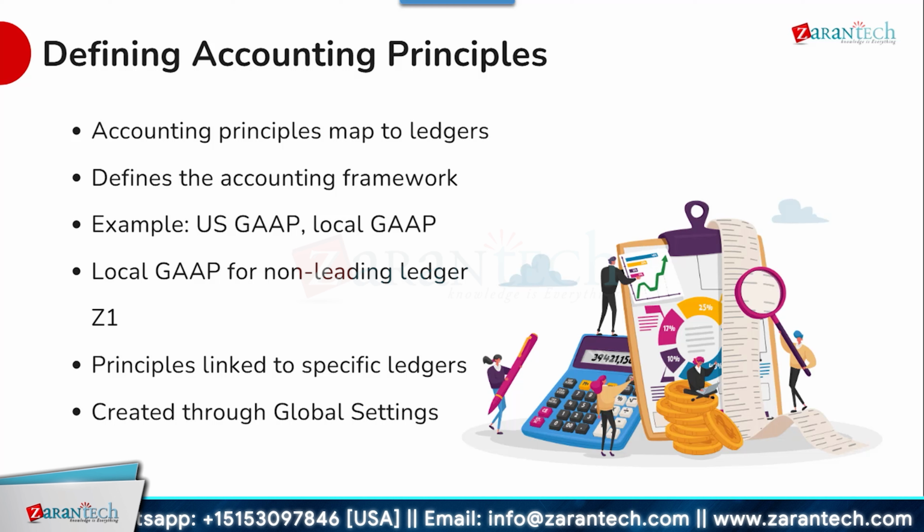For instance, in the United States, we have the Generally Accepted Accounting Principles, or US GAAP. Similarly, local GAAPs exist for specific regions or countries, which ensures compliance with local regulations.